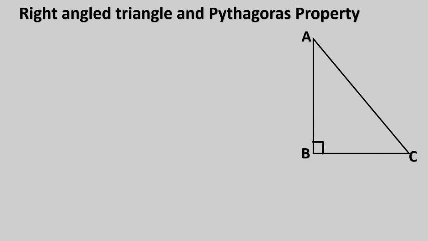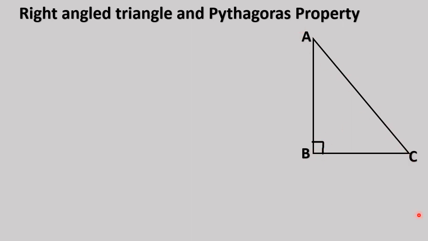A very, very important property of a triangle, and the most beautiful theorem of triangles: right angle triangle and Pythagoras property. A right angle triangle has one angle of 90 degrees. Here B is the right angle, so the side opposite to it is AC.